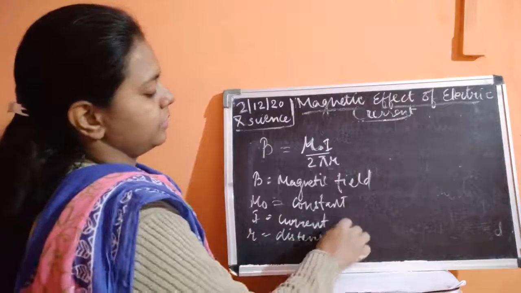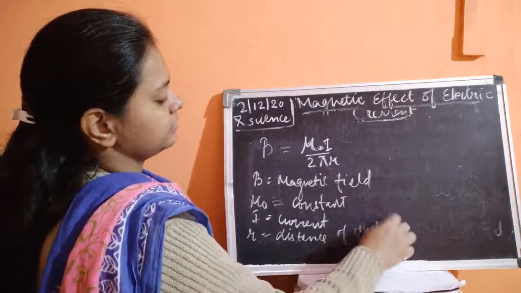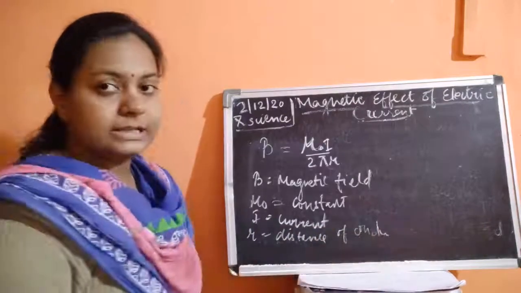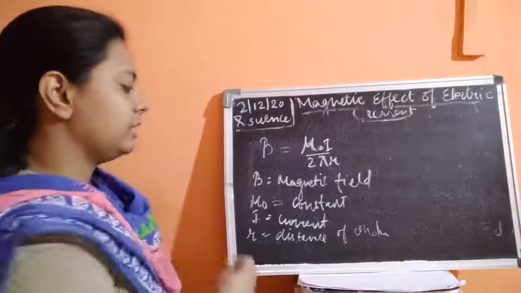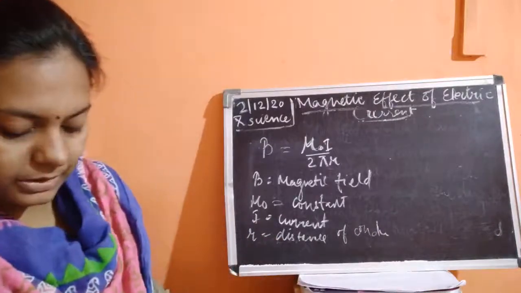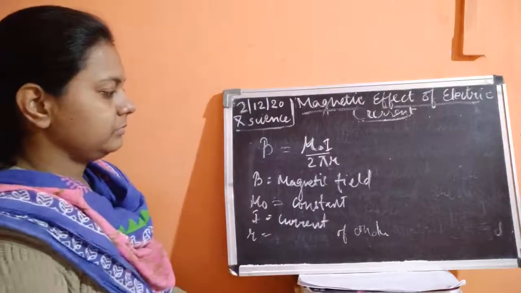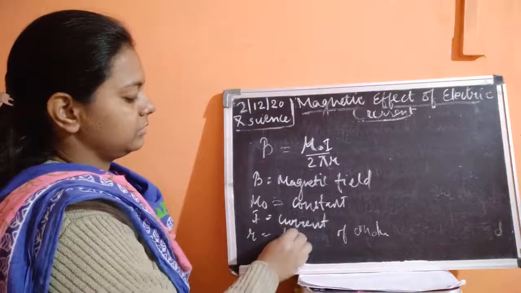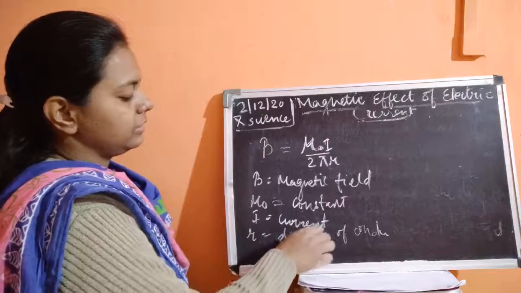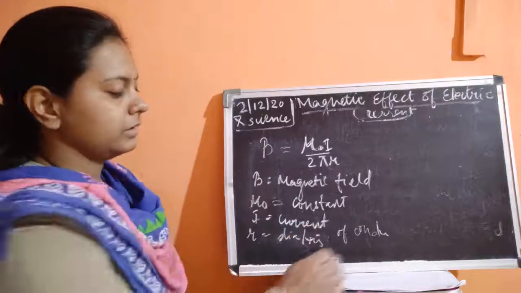It could be the diameter of the conductor, not the distance. It could be the diameter or the distance of the conductor.